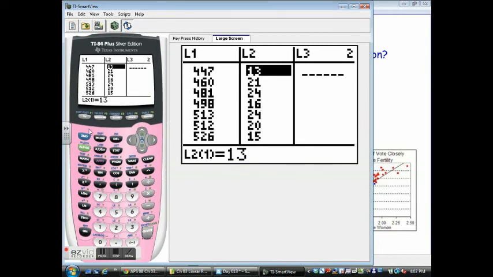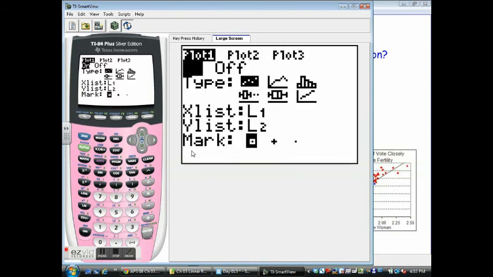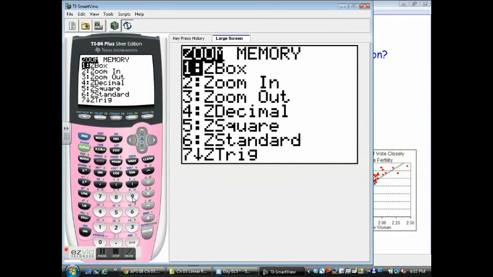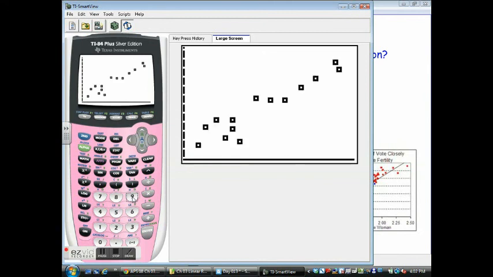If we make a scatter plot, turn our plot on, it's the first icon, and always remember to hit zoom 9, we can have a visual of this XY relationship. And as suspected, the more and more powerboats we had in Florida, the more manatee deaths we experience. So we'll try to describe that model in more detail when we get to it in homework. Hope that was a nice preview of scatterplots.